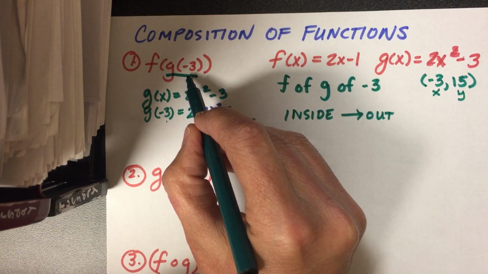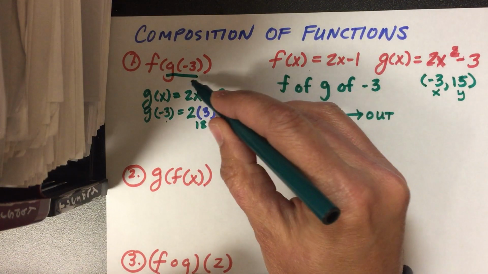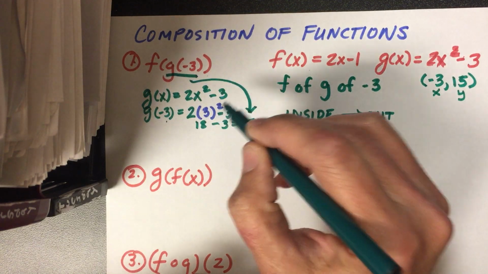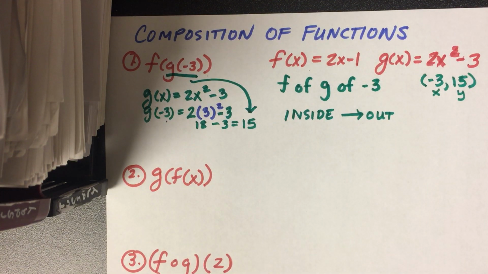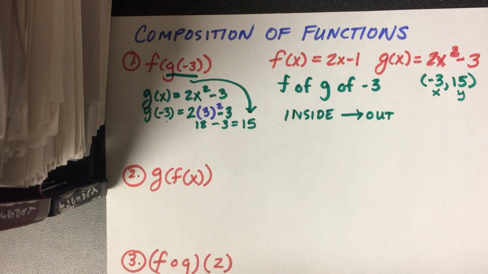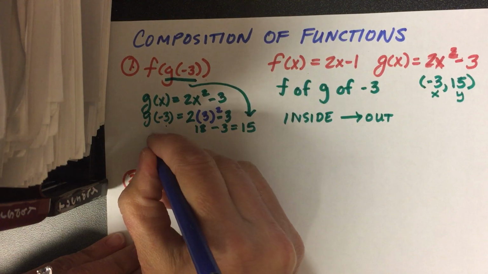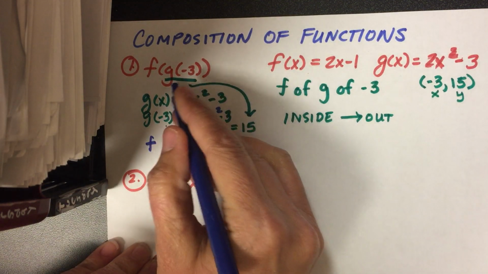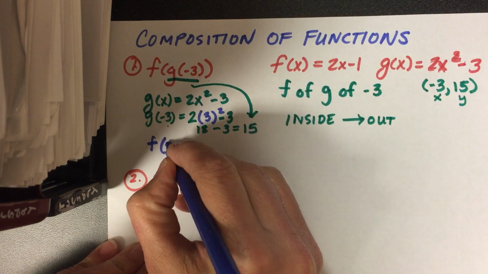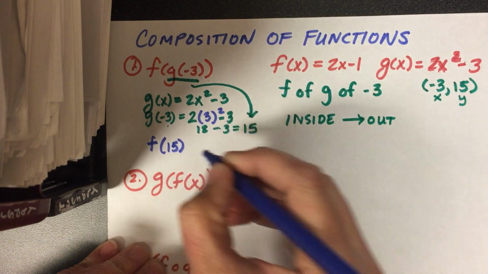Now, once I've established g of negative 3, which is 15, that becomes my new input for f. And since it's f of g of negative 3, well, what's g of negative 3? Well, it was 15, so I'm going to find f of 15.